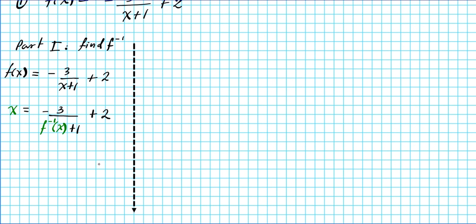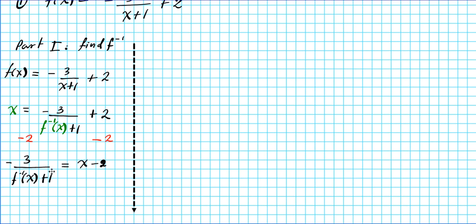Let's go ahead and do it. So we'll subtract 2 from both sides. I'm going to go ahead and switch my equation around. So I will have -3 divided by f inverse of x plus 1 equals x minus 2.